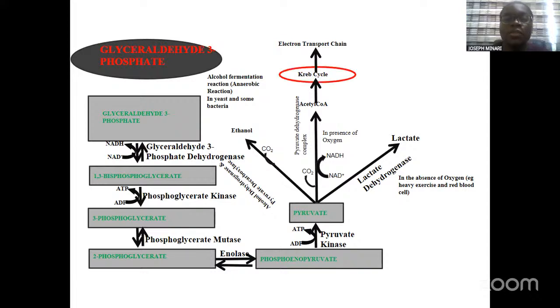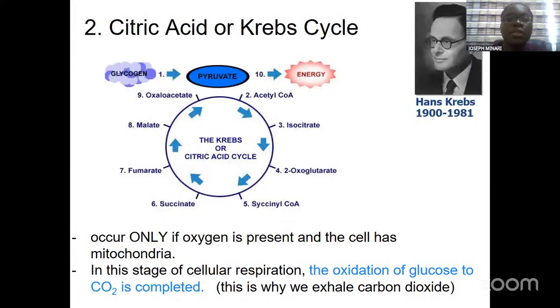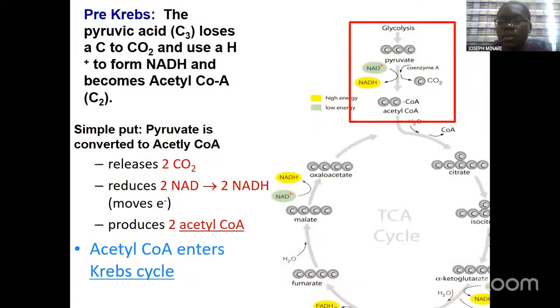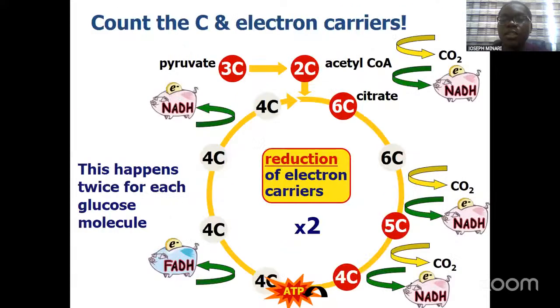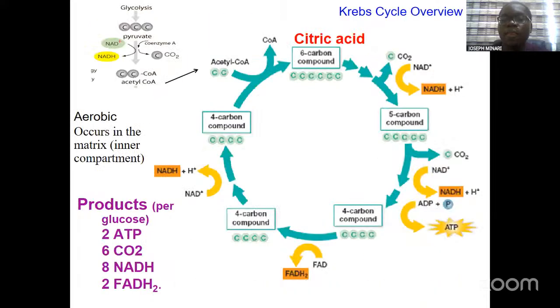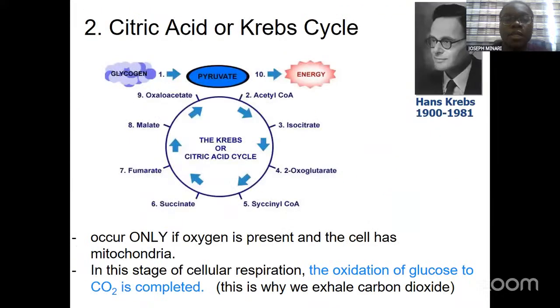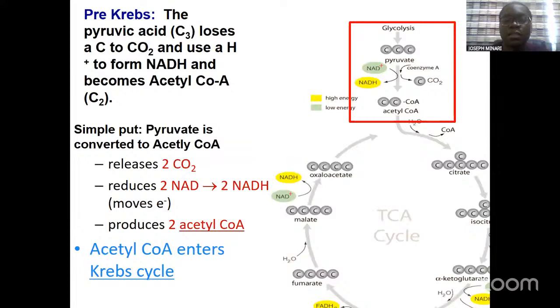and acetyl-CoA entering the Krebs cycle. In this Krebs cycle, what do we have? We have the conversion of acetyl-CoA combined with oxaloacetate to isocitrate to alpha-ketoglutarate to succinyl-CoA to succinate to fumarate to malate and oxaloacetate, and it goes on and on like that.